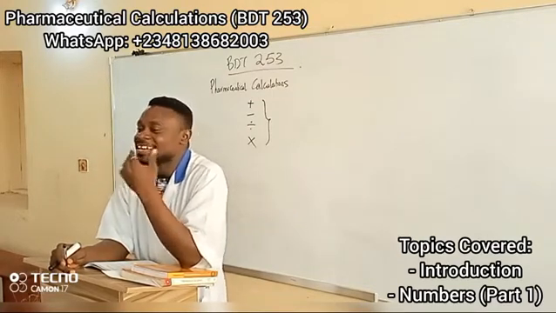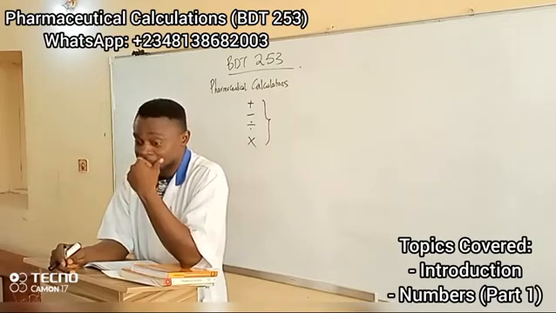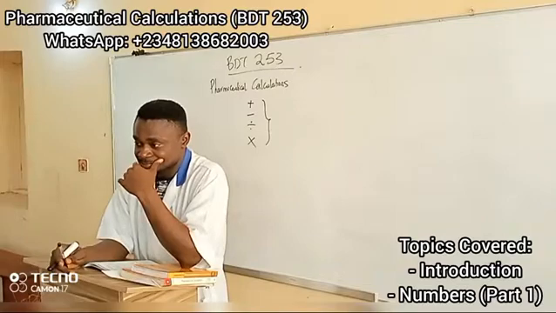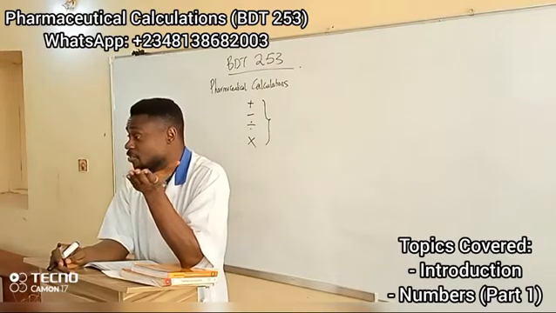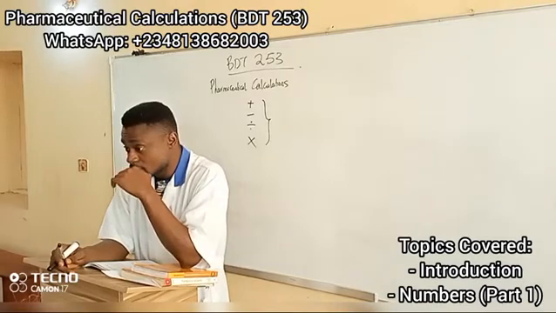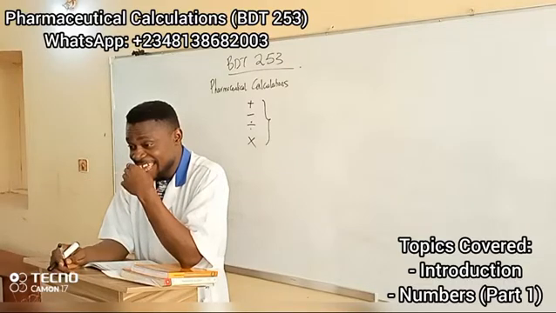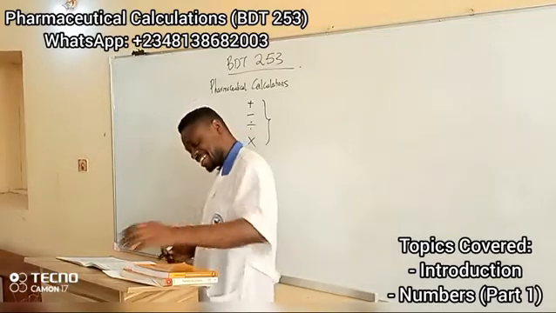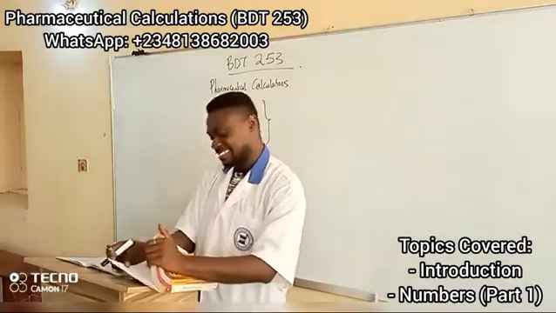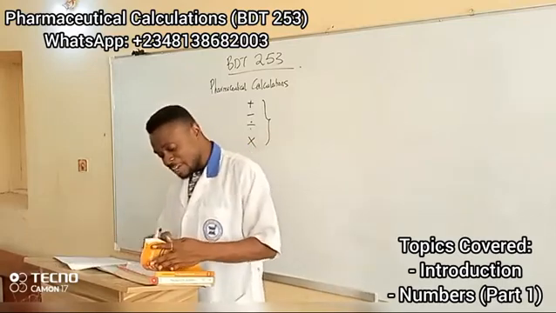Number is a digit. Who else can define the term number? Types of numbers. We'll be writing one number up and down.